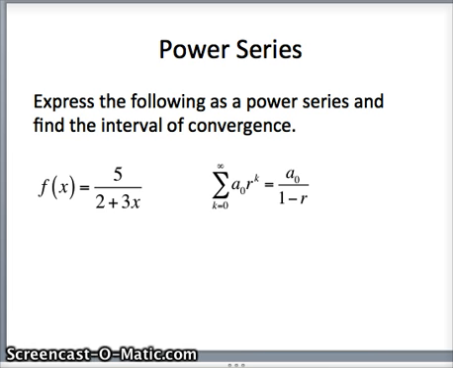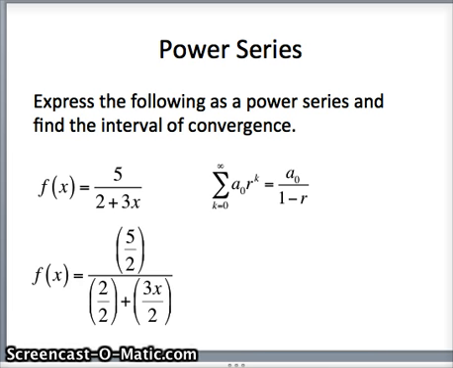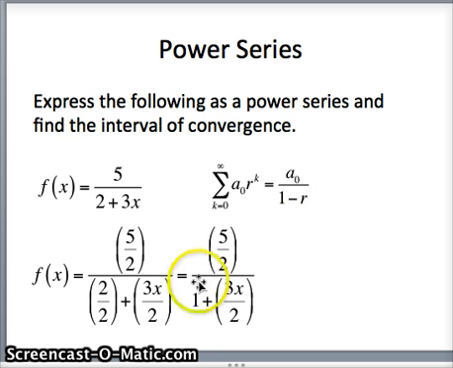That will result in this. So dividing top and bottom by 2, we get 5 halves over 2 halves plus 3x over 2. Of course, 2 halves is 1, which now makes this start to look like that form, a naught over 1 minus r. So we get 5 halves over 1 plus 3x over 2.